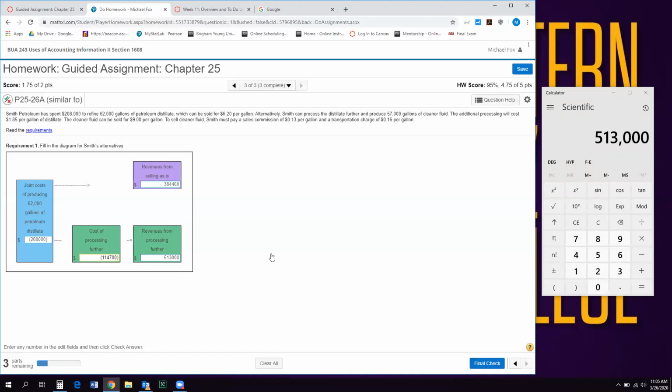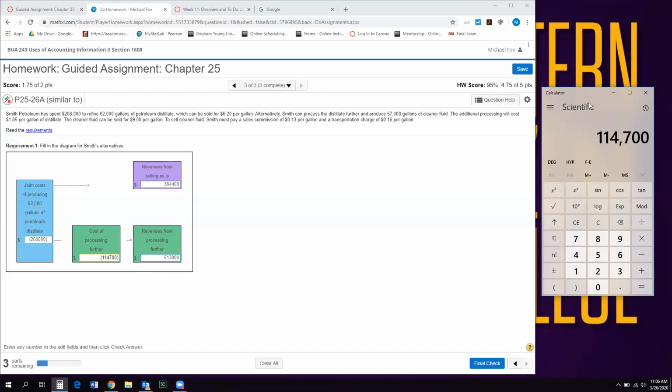Now let's check and make sure we had the numbers right. So our revenues for the first one are 62,000 gallons times $6.20 per gallon, 384,400. That's correct. Our cost of processing further will be 62,000 gallons times $1.85 per gallon, 114,700.